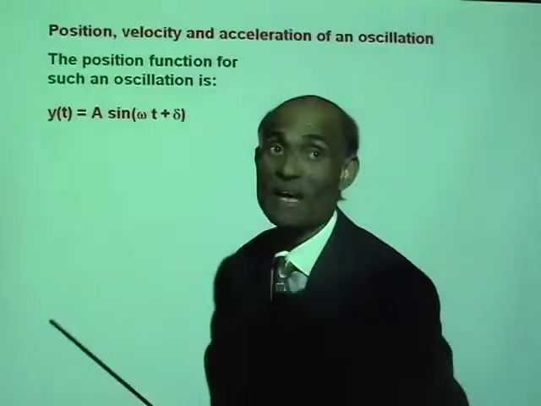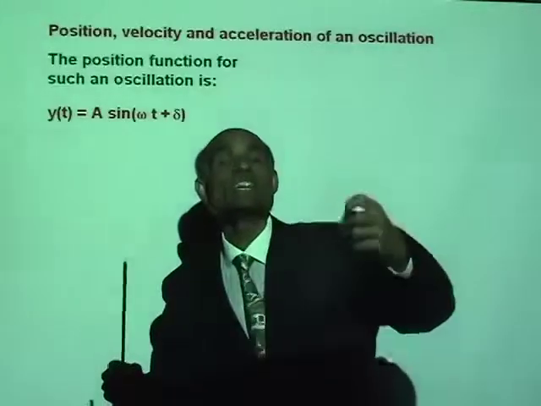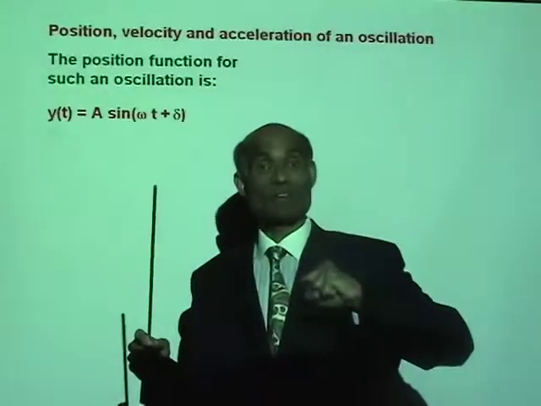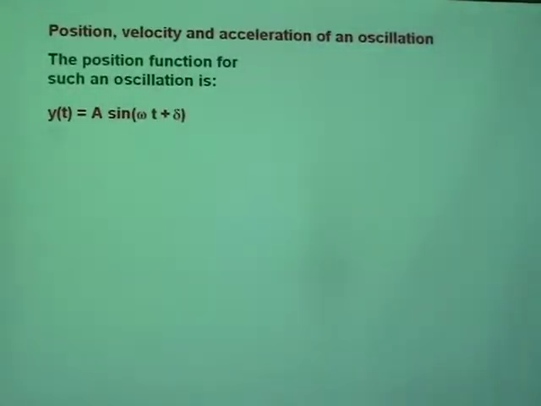Now, you know that the derivative of a sine function is a cosine function, and therefore the derivative of sine omega t plus delta will be cos omega t plus delta.